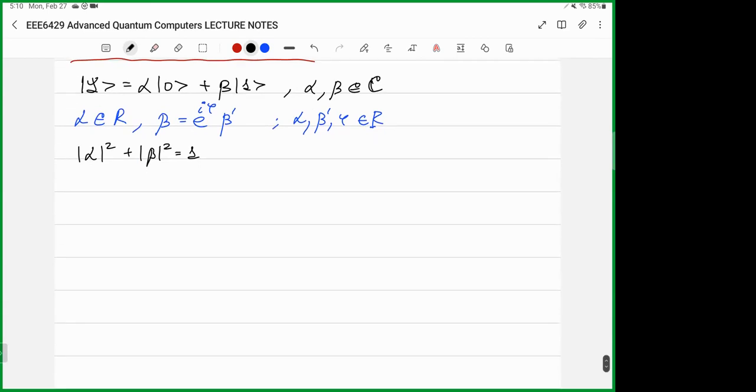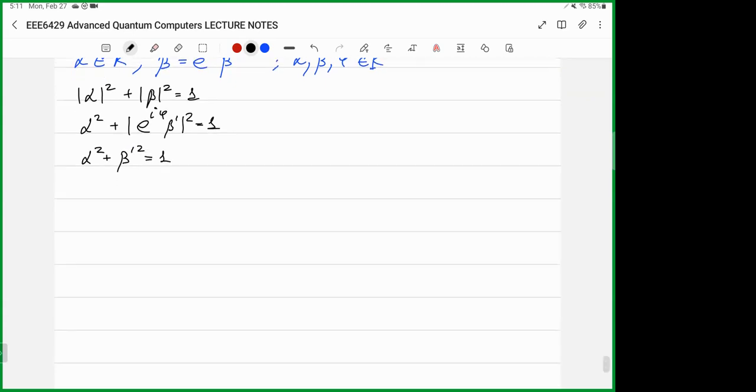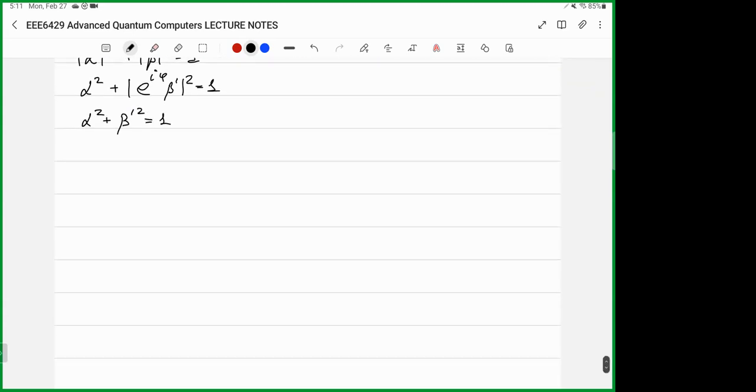But now alpha is real and beta is this expression above, so we conclude that alpha squared plus the modulus squared of e to the power i phi times beta prime equals 1, and the modulus squared of this exponential function is simply 1. So this gives alpha squared plus beta prime squared equals 1. A very simple expression.